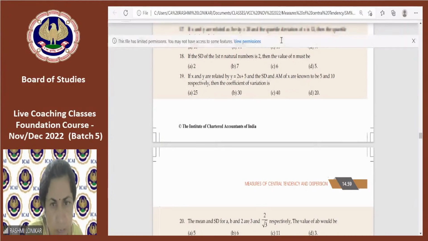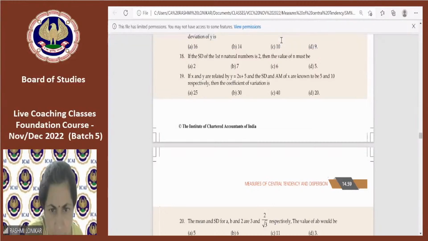Okay, x and y are related. If x and y are related like this, and the standard deviation and mean of x are known to be 5 and 10, find the coefficient of variation. See, coefficient of variation of x is how much?